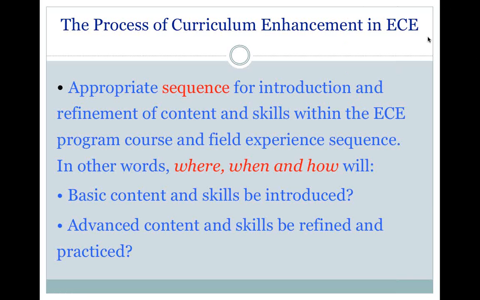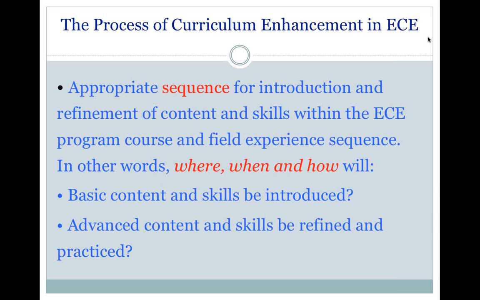So the process of curriculum enhancement, what does it include? Sequencing for introduction and refinement of content and skills within the early childhood program course and field experience sequence. In other words, as a faculty, we need to understand, if we're going to identify certain content, skills, and experiences, which content is introductory, which is advanced, where skills are acquired, and where they are refined and practiced.